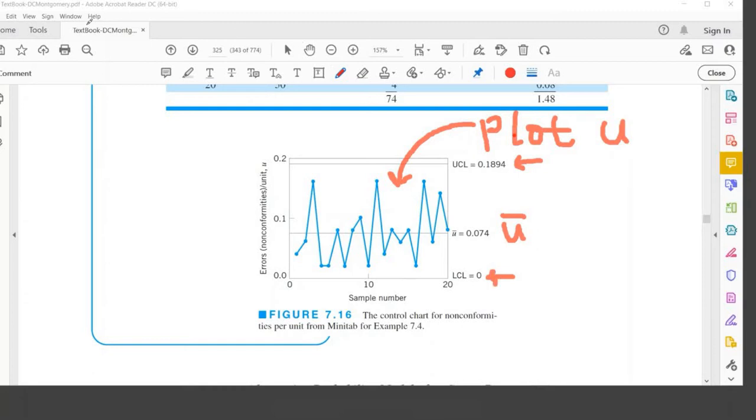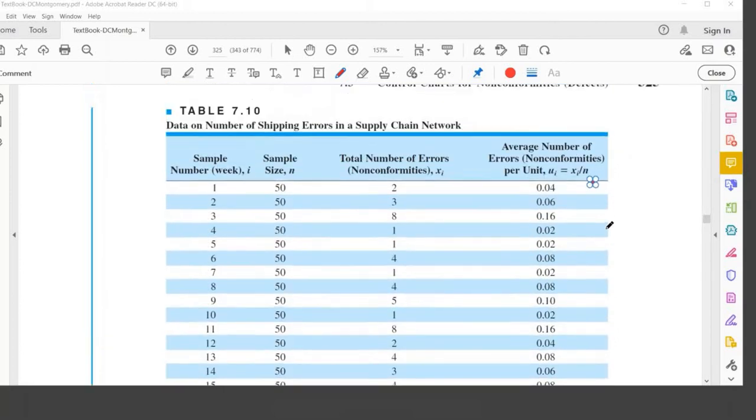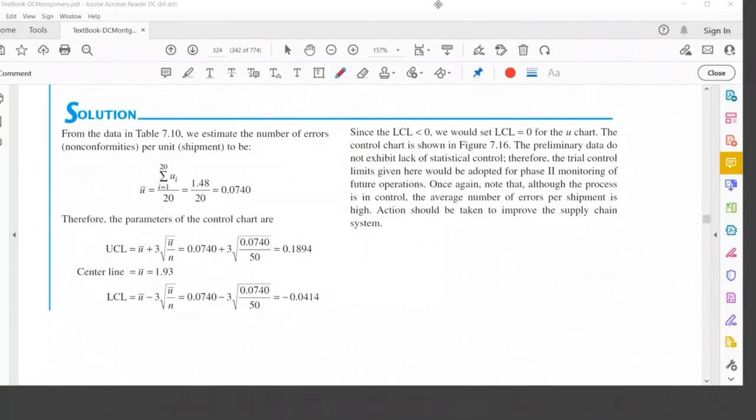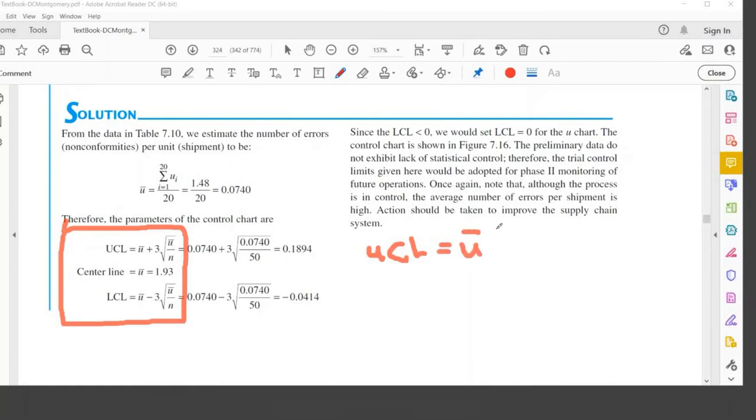So what is the formula for the U chart? It is given here. The central line is the summation of U divided by how many subgroups you have, the U bar, and the control limit is given by this formula. Upper control limit equal to U bar, which is the central line, plus, as usual, 3 sigma.